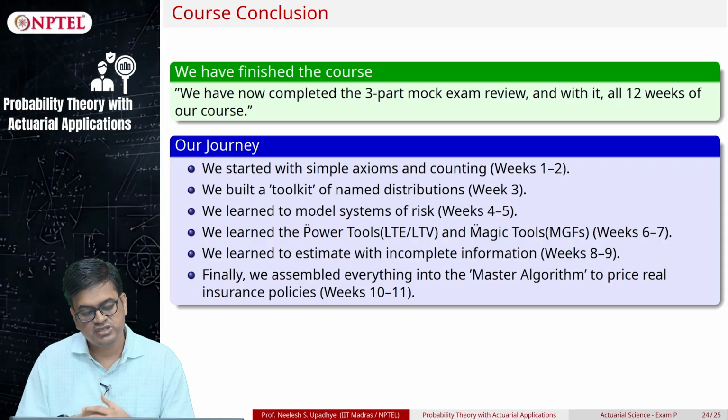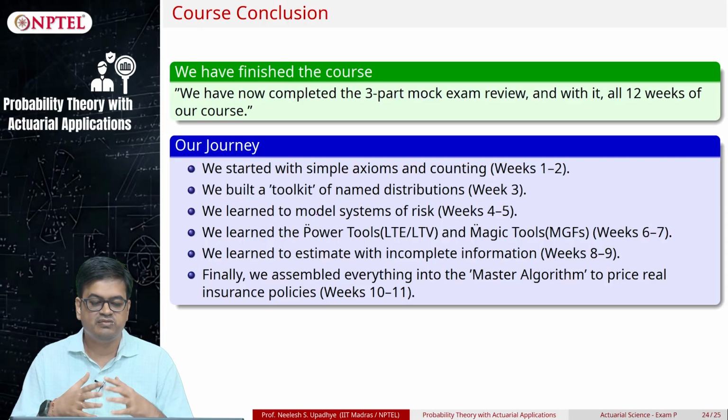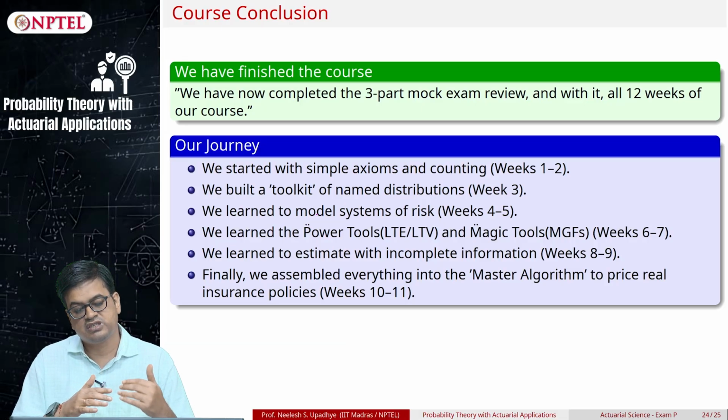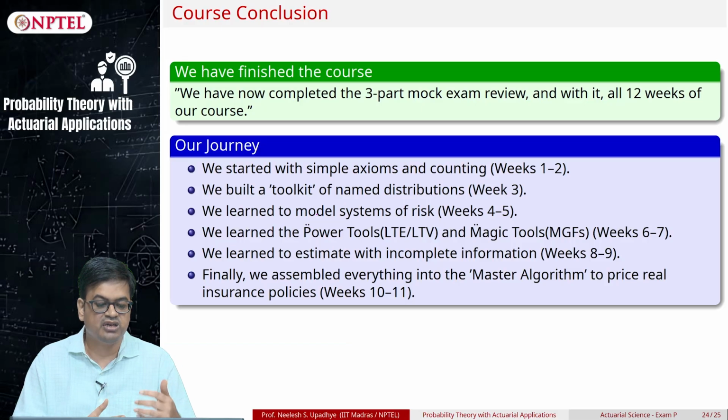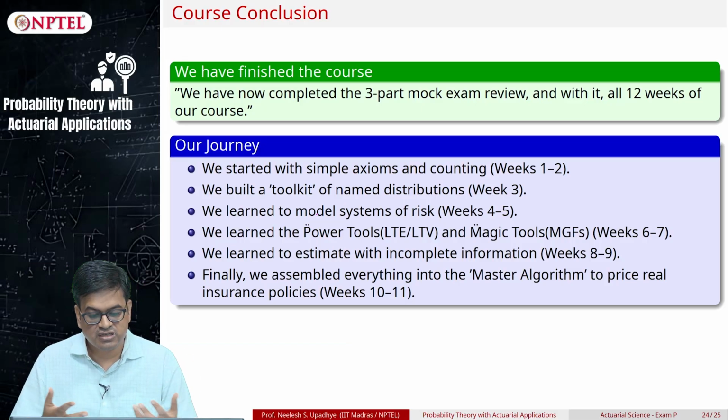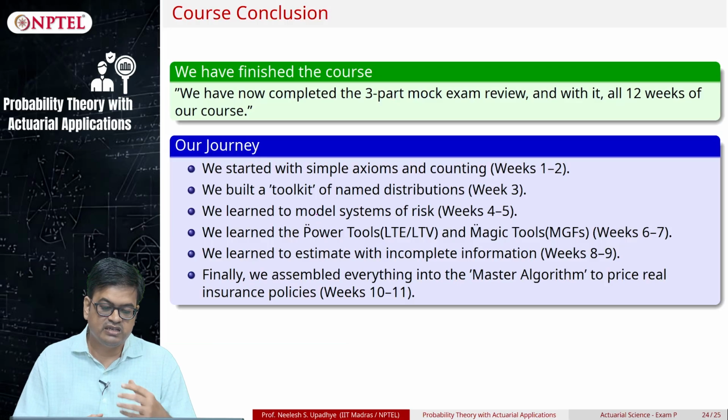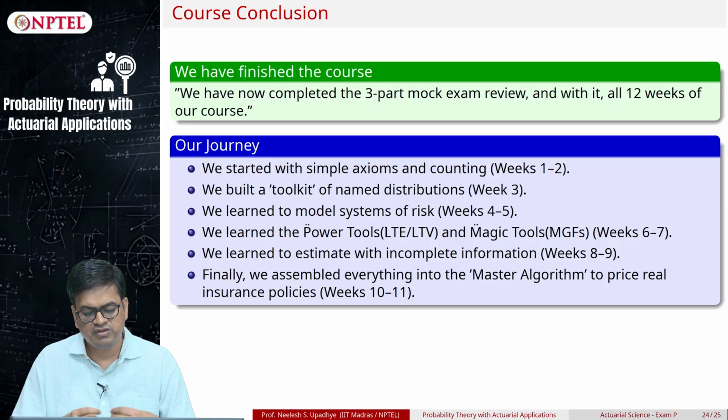Our journey so far was, we started with simple axioms, the language of risk, and then we understood that this language of risk is probability, the axioms are the grammar of this language, and then we delved into some probability concepts such as counting in weeks 1 and 2.